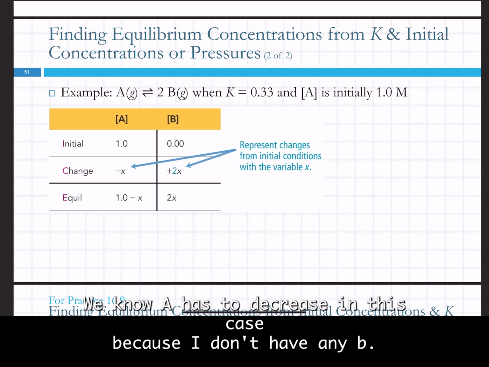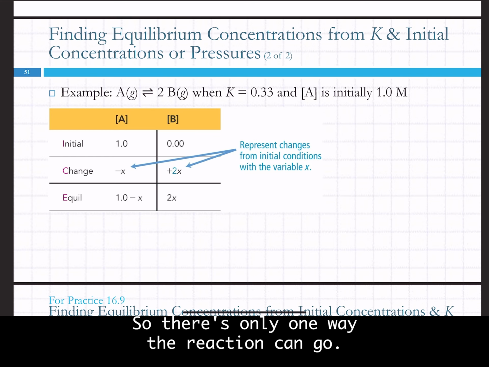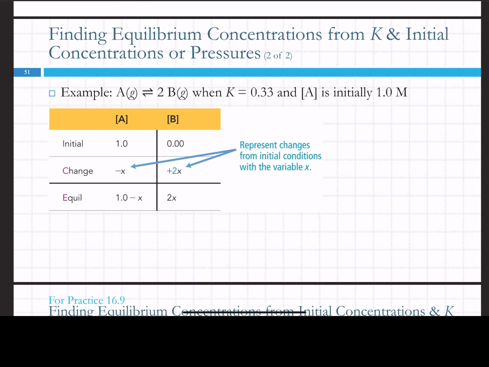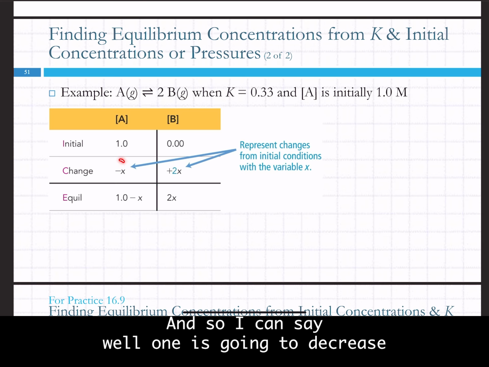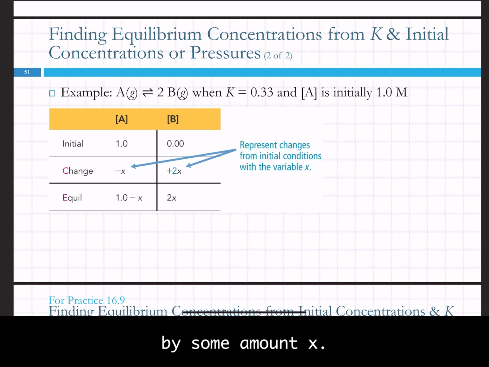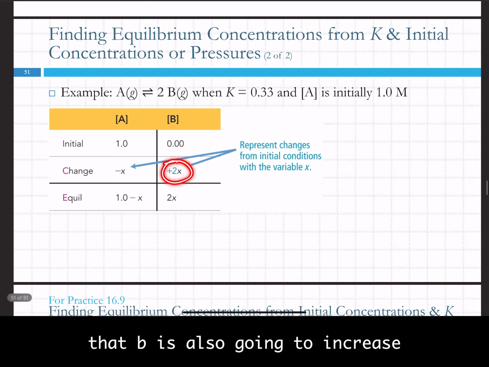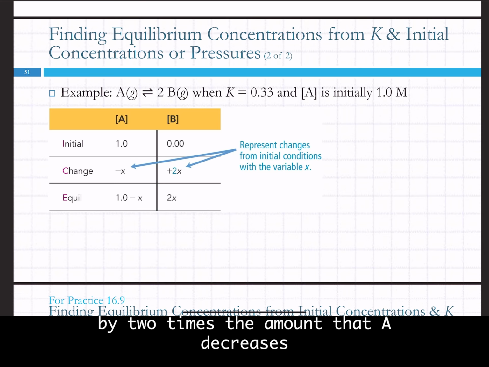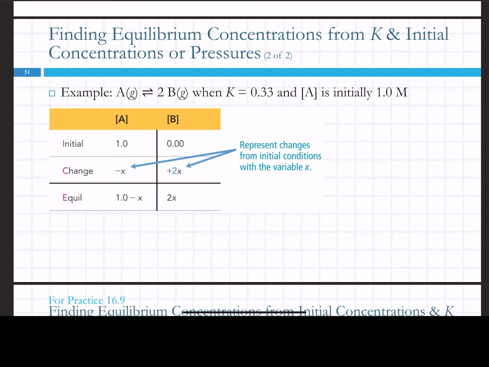We know A has to decrease in this case because I don't have any B. So there's only one way the reaction can go. And so I can say, well, 1 is going to decrease by some amount x. And that means that B is also going to increase by 2 times the amount that A decreases because of the stoichiometry. 2B, 1A.